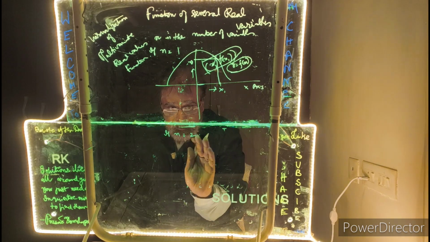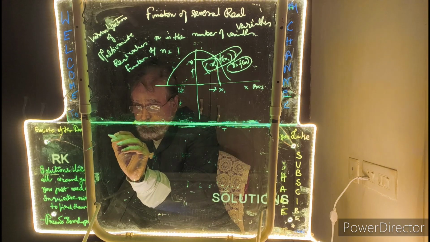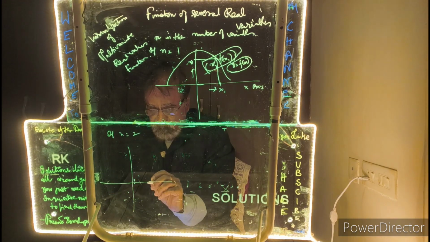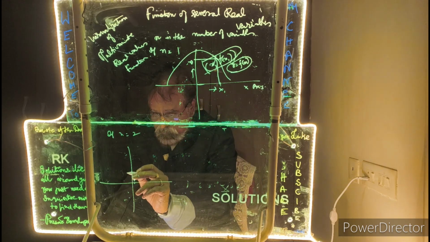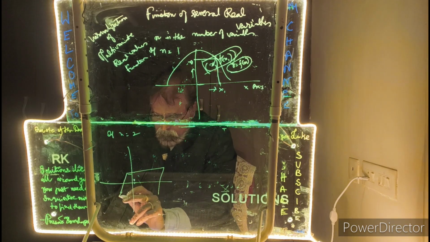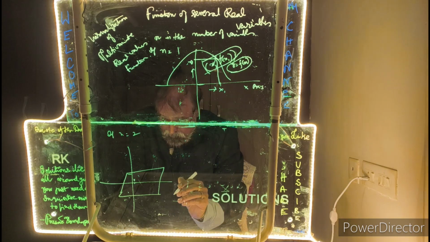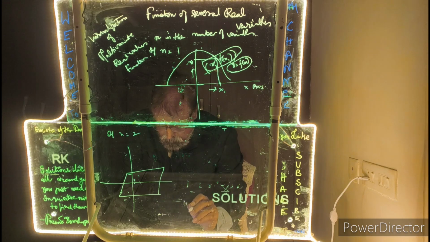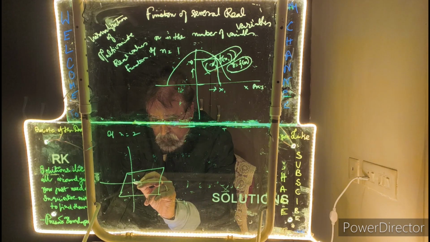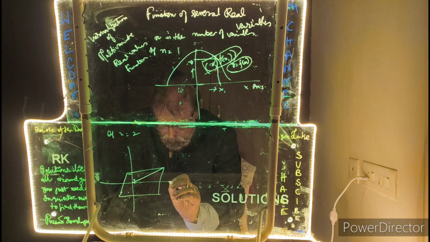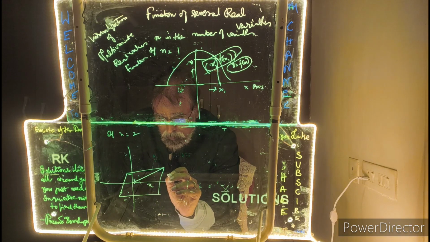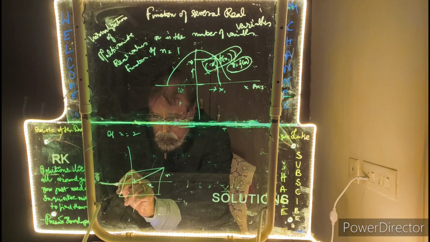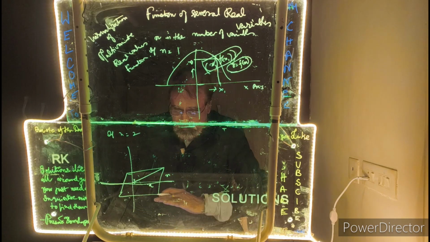So if n equals 2, how would it look? It will have something like this: this is x1, x2, because they are lying in the same plane as the x-axis itself.